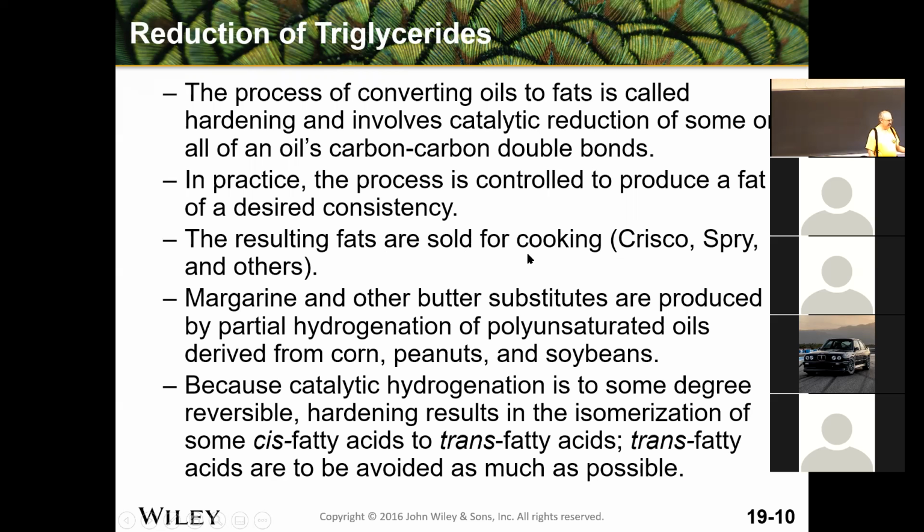So this is a way of converting oils into shortening, such as Crisco, Spry, and others. Margarine and other butter substitutes are produced by partial hydrogenation of polyunsaturated oils derived from corn, peanuts, and soybeans.